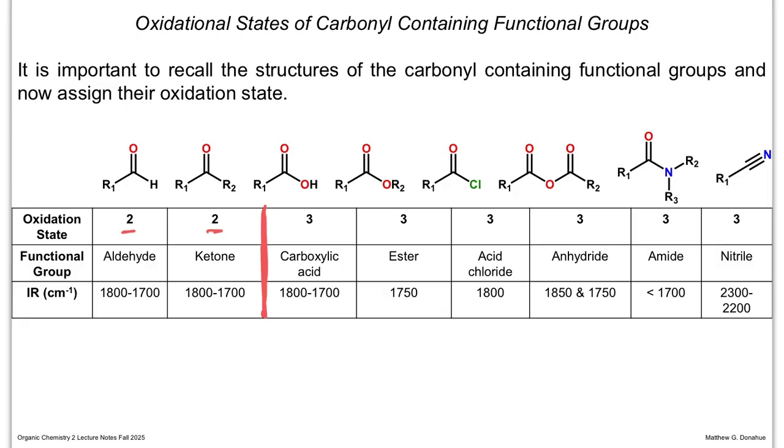To the right of the line there are all the oxidation state 3 functional groups. So we have a carboxylic acid, ester, acid chloride, anhydride, amide. And then notice the nitrile. It doesn't have a carbonyl, but it still has 3 bonds to a heteroatom. So it falls within this reactivity pattern.